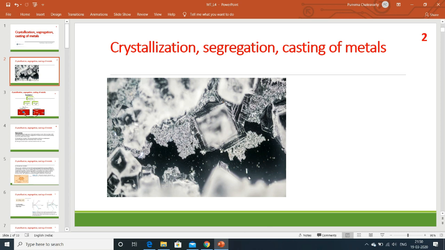I would also like to remind you that if we look at a phase diagram from the liquid state, when we cool down the sample or slowly decrease the temperature, different reactions or transformations come into play, and we get a different solid state, hence crystallization comes into play.